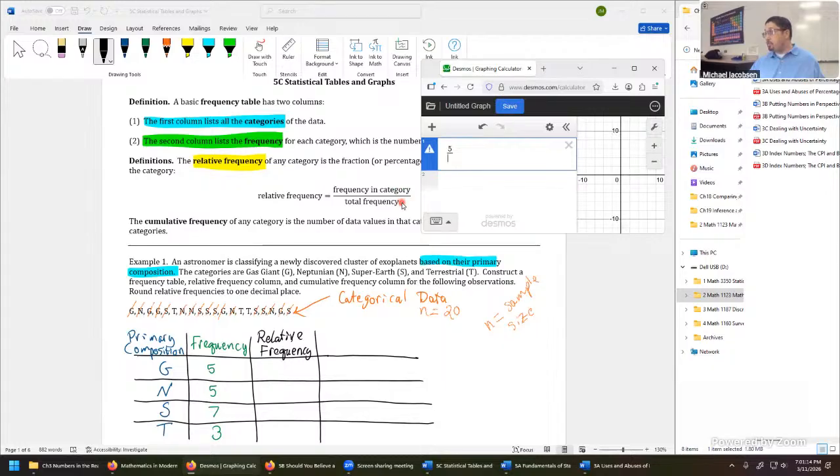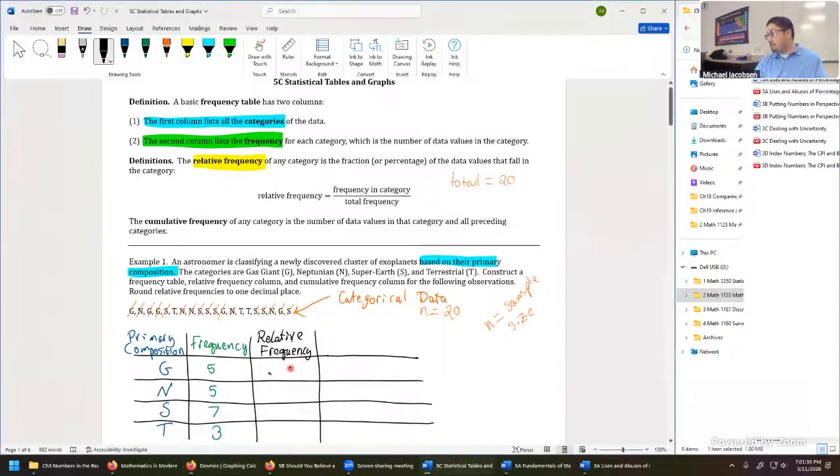We divide by the total, the number of observations, or just the total frequency right here, which is 20. And we could say 25% of the data were gas giants. If you again said 25% here, I'm okay with that. But for the sake of my lab, they want relative frequency this way. Just as a decimal number, 0.25.